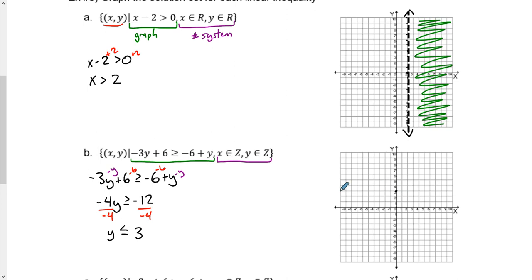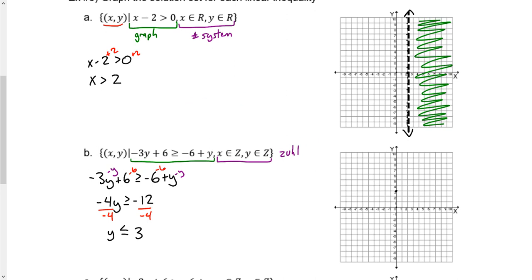Now we have to also be very careful of how we're going to be doing this, because it says that our x's and our y's are an element of our integers. I know that your textbook uses I, but I like using Z's because it's a number system that actually works for me. It's from the German word Zahlen, basically meaning discrete numbers.